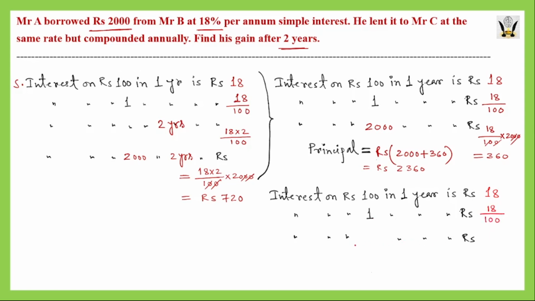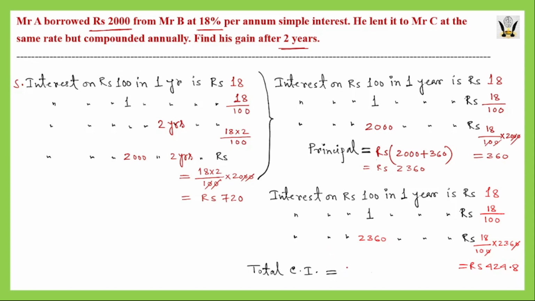And when the principal amount is, this time, 2360 rupees, then the interest will be 2360 times of this amount. So it is 18 divided by 100 multiplied by 2360, and when we calculate further, this amount will be rupees 424.8.